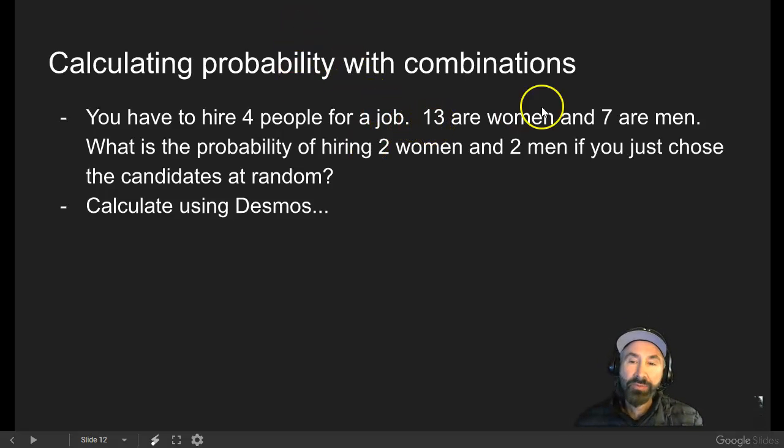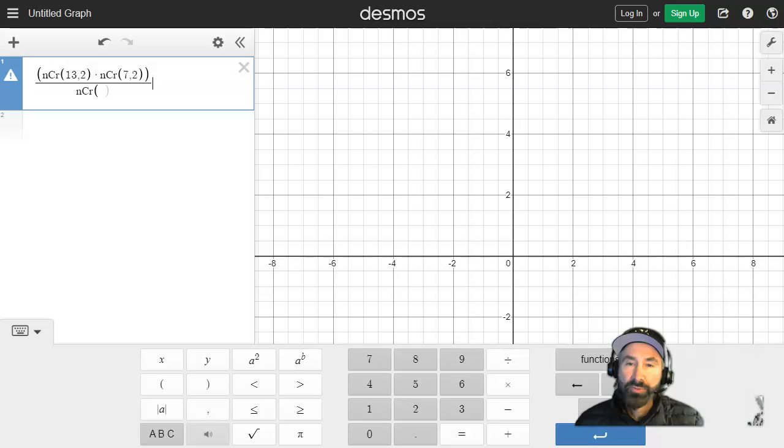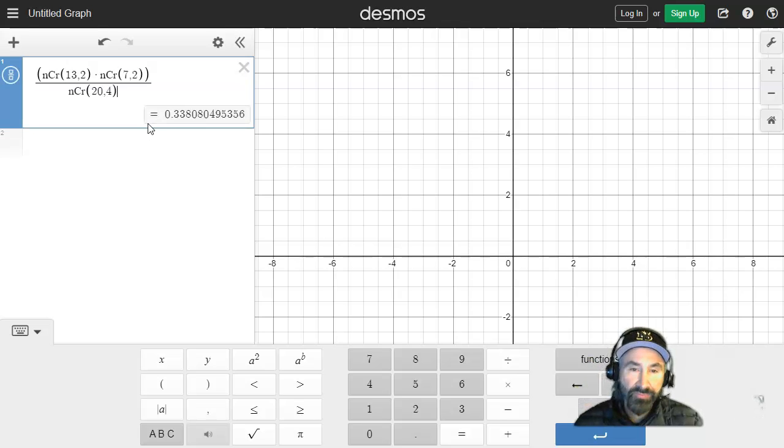Remember, there's 13 women and 7 men. That's the total number of possible outcomes if there were no restrictions like 2 women and 2 men. So that's what I'm going to put in the denominator: 20, because 20 total items, and how many ways could I choose 4 of them.